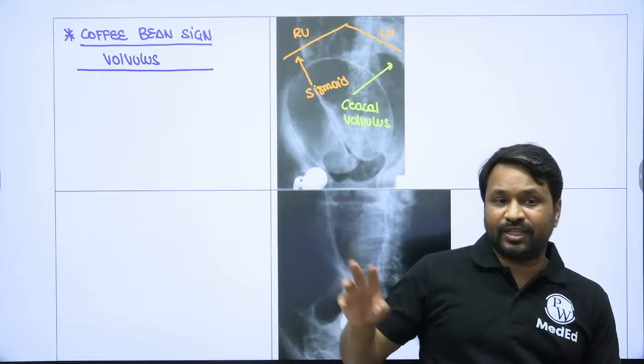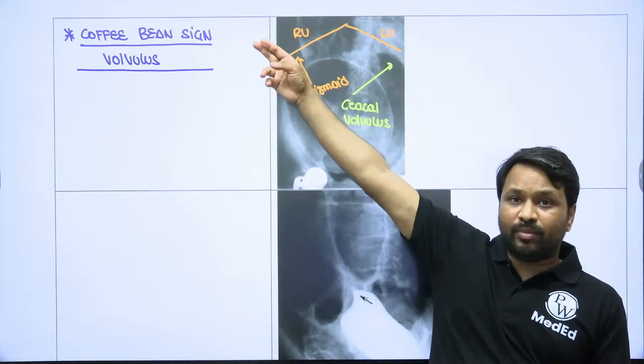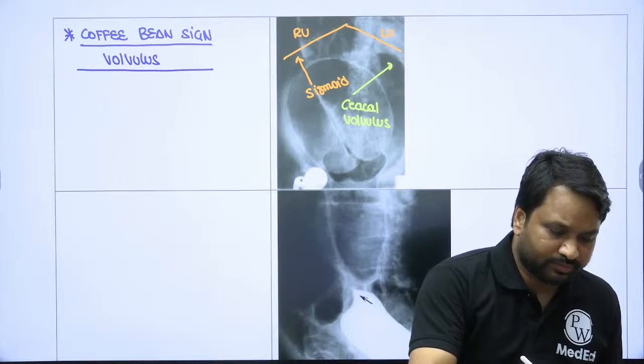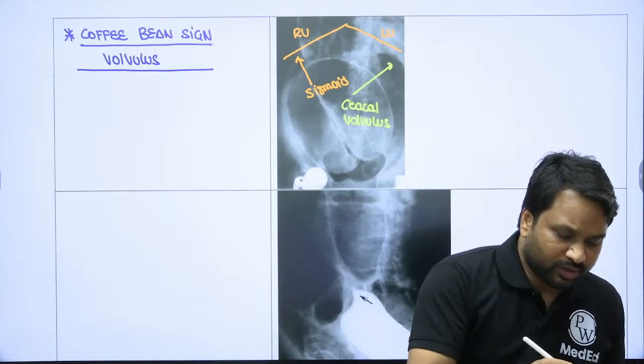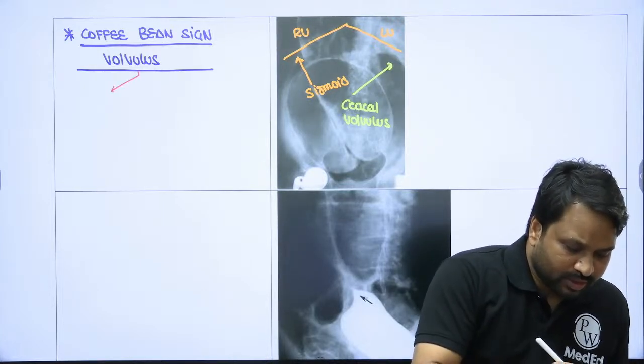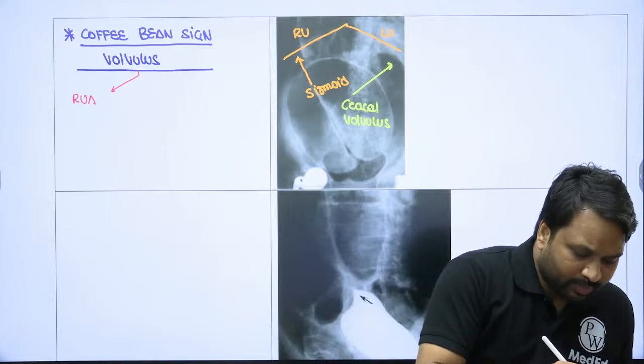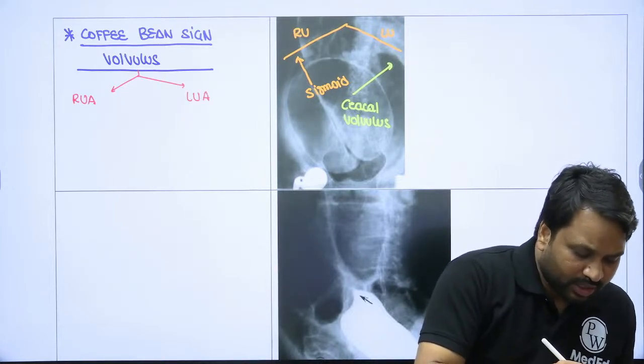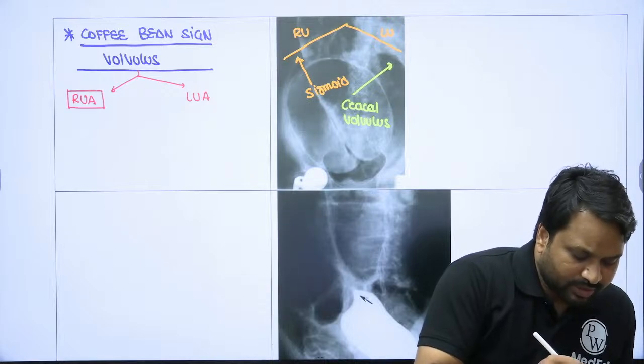So if the coffee bean is pointing towards the right upper abdomen, it is your sigmoid volvulus.